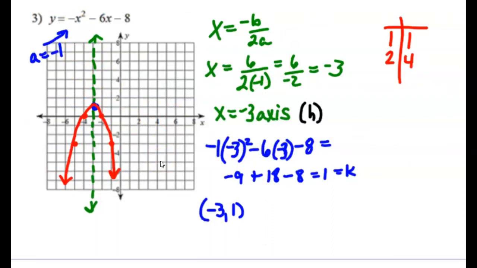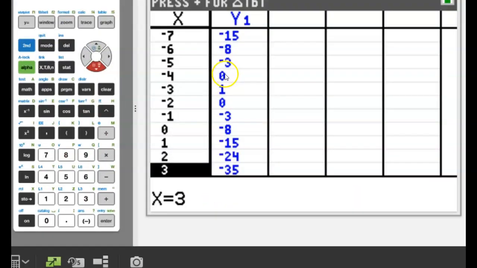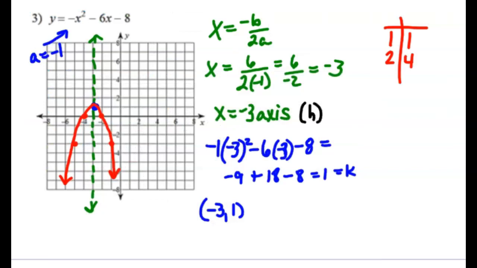Let's try, you want to do 5 or 6? Where were the x-intercepts on this one, guys? You can actually see them really nice on the calculator because it's where the y equals 0, so they were at -4 and -2.